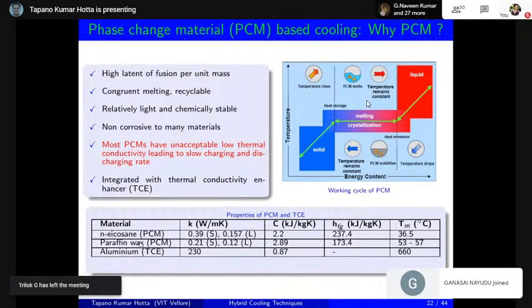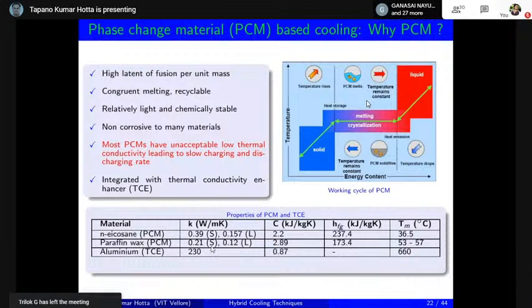Whatever candle we are using, the candle wax is nothing but paraffin wax. It has a conductivity of 0.21 in the solid phase, and in the liquid phase it is only 0.12. So because of this low thermal conductivity, it is not user friendly as far as heat transfer application is concerned. So PCM alone you cannot use here.